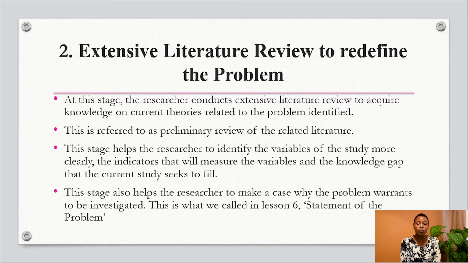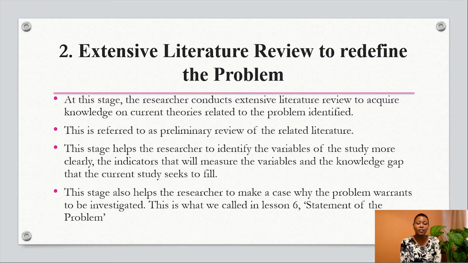And this helps you to acquire knowledge on current theories related to the problem you have identified. Why is this stage important? It helps the researcher to identify the variables of the study more clearly, the indicators that will measure the variables, and the knowledge gap that the current study seeks to fill.